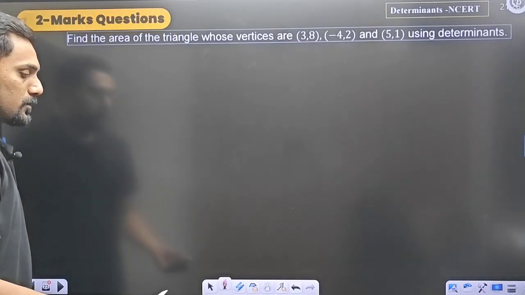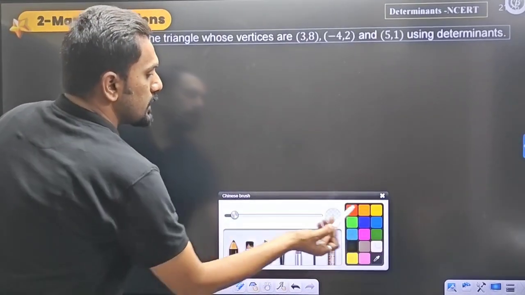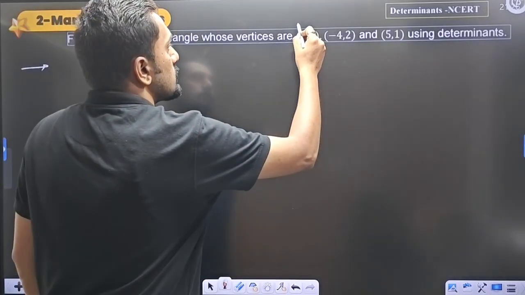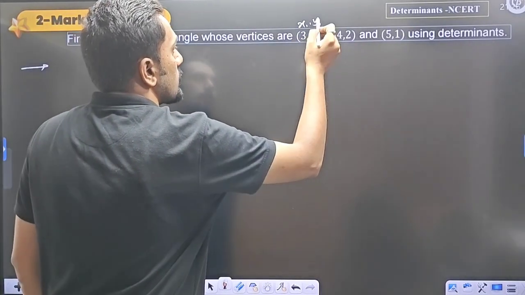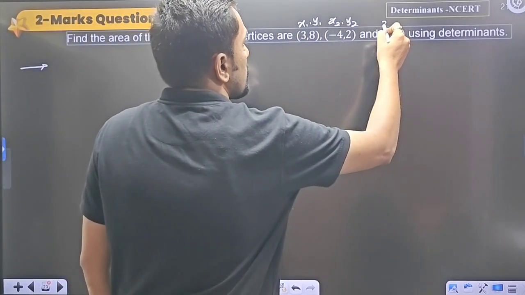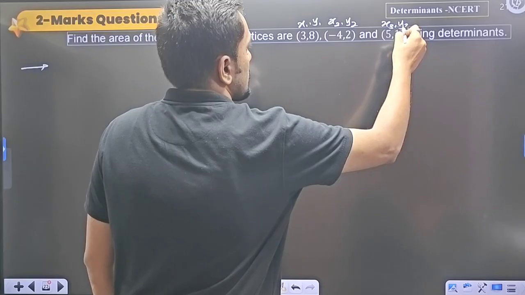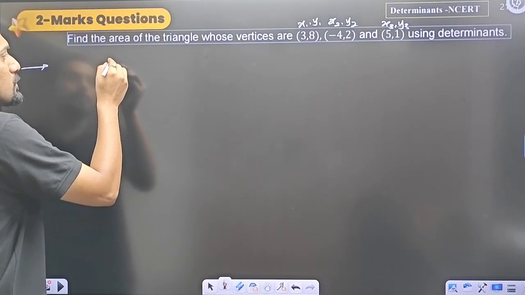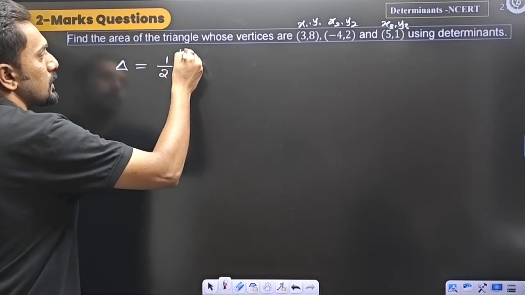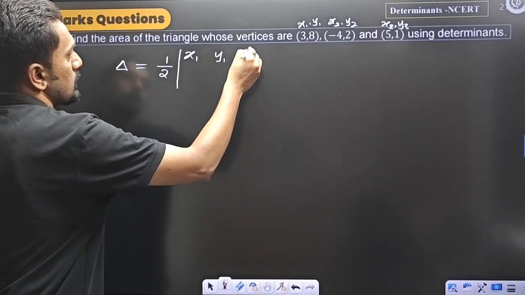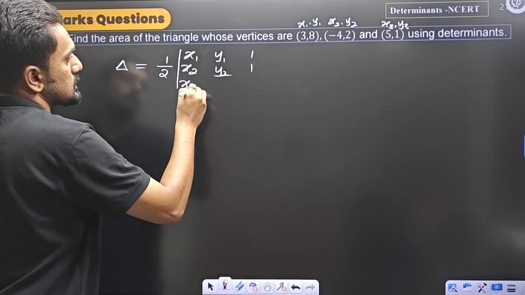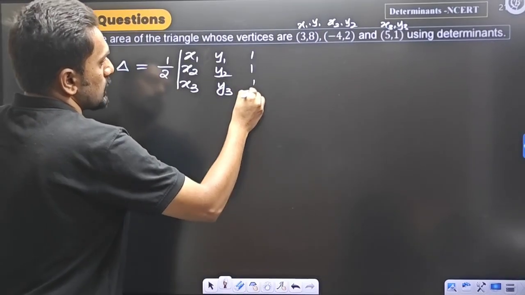And here one more question is there. We need to find the area of the triangle whose vertices are already given. This becomes x1 comma y1, and this will be x2 comma y2, and this will be x3 comma y3. So as we know, area of triangle is equal to half into determinant of x1 y1 1, x2 y2 1, x3 y3 1.